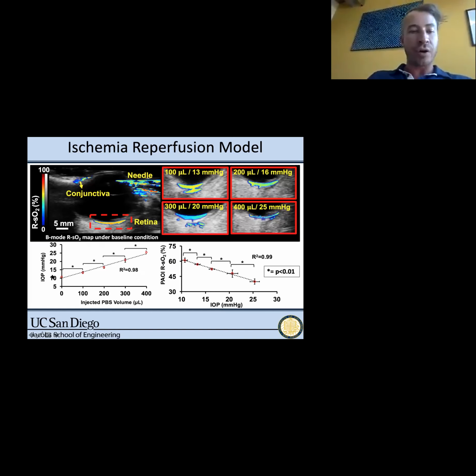First of all, this is just proving we can create the model, with different pressures from different amounts of injected saline, and then the pressure correlates to this photoacoustic signal. Higher injection volumes mean higher pressure, less oxygenation, and less overall region that even has blood flow. So this is thinner, this is thicker.